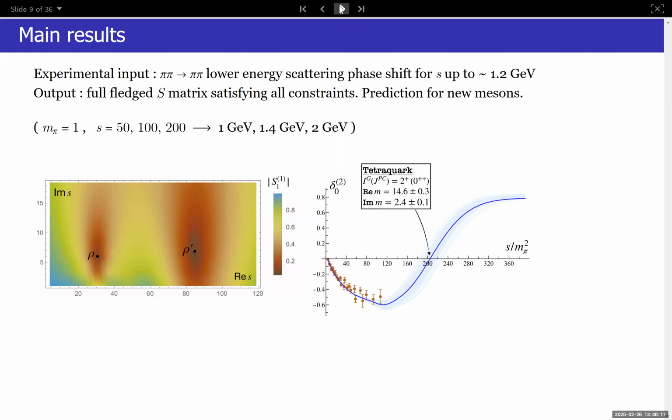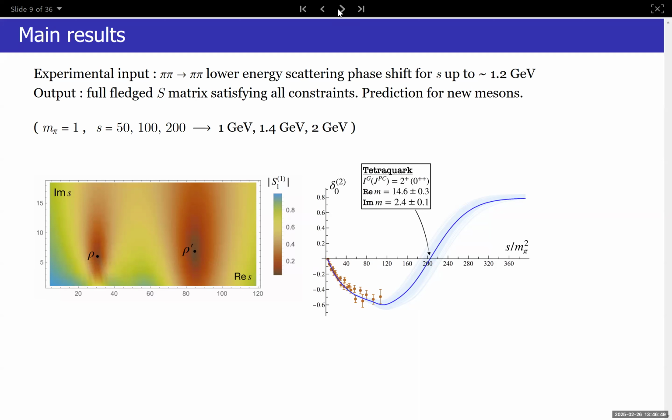How do I find the unique solution? I'm going to tell you detail about that later. Roughly speaking, we are trying to select a solution that matches the low energy experiment the best.